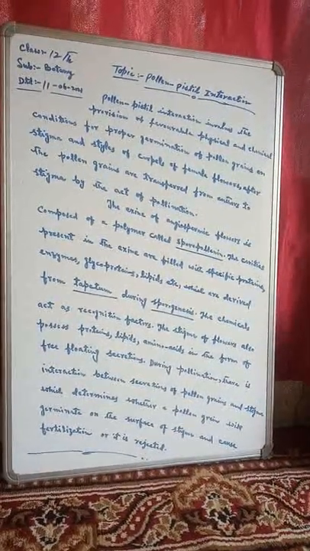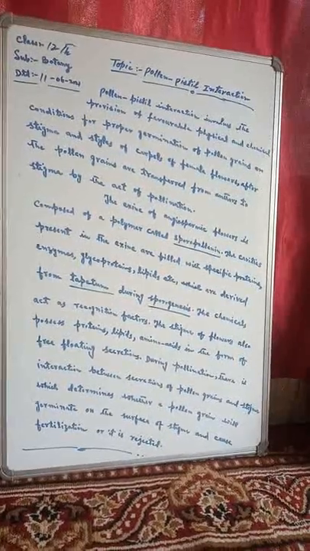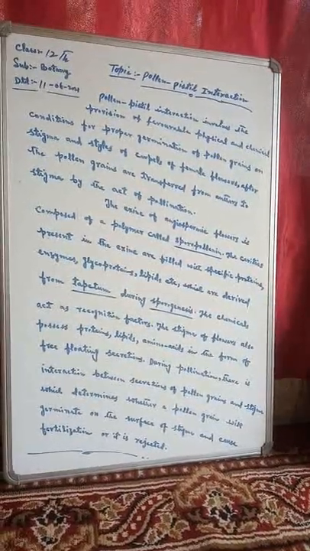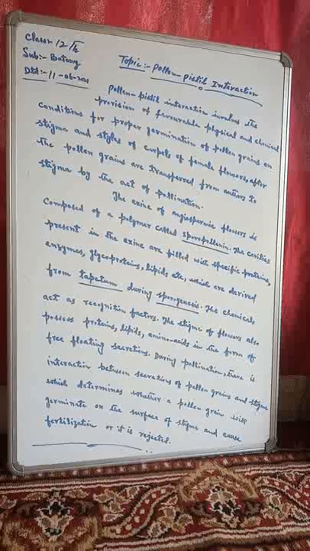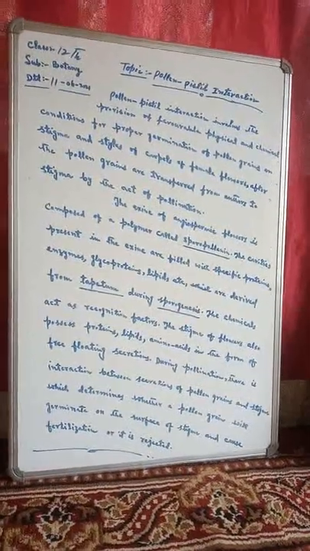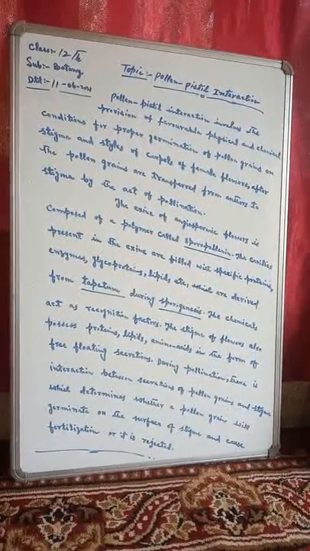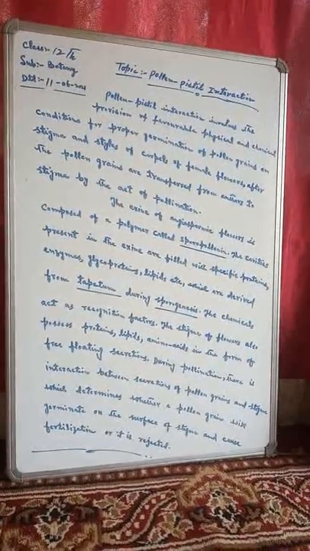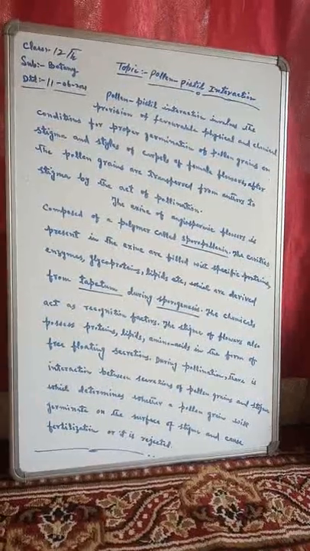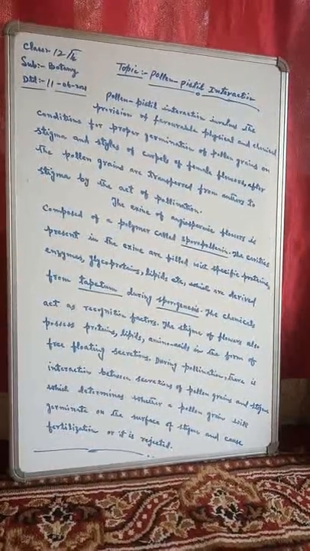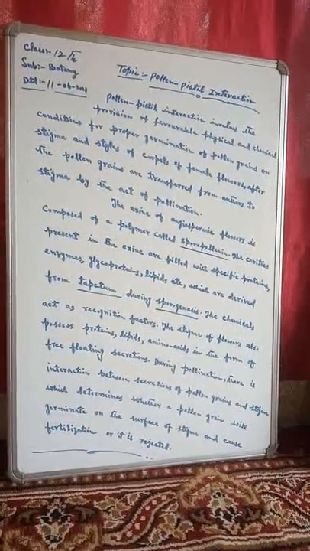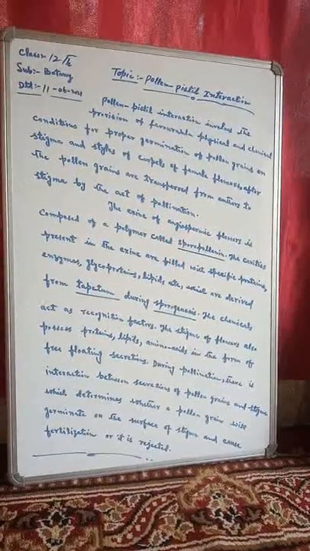These chemicals, like the proteins, enzymes and glycoproteins, act as recognition factors. They recognize how the germination can take place by the pollen grain on the stigma. The stigma of flowers also contains chemicals like proteins, lipids and amino acids in the form of free-floating secretions.